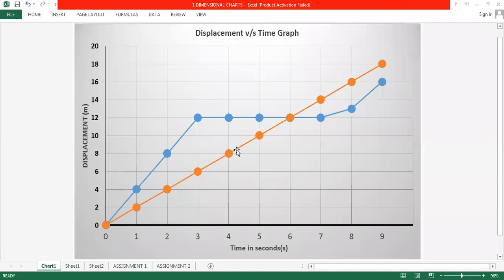Now, is it a straight line graph or has a uniform velocity? What are you asking, beta? Yes, beta. If it is a straight line, it's a uniform velocity.